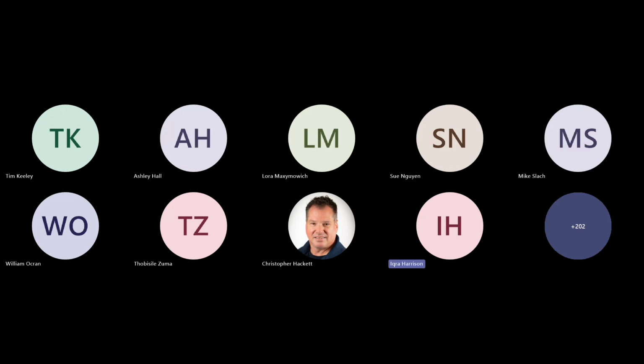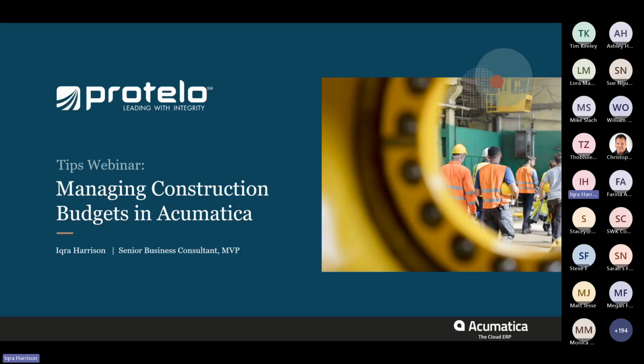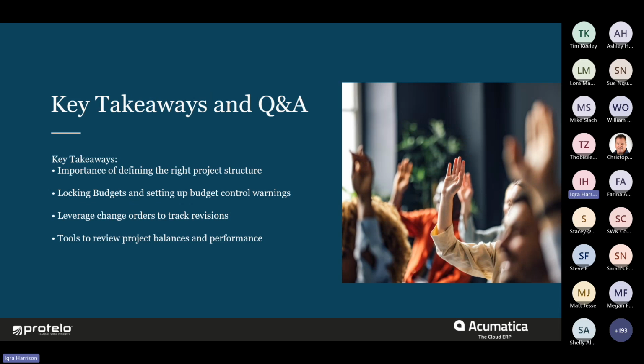Some of the key takeaways that we talked about are the importance of setting up the project budget structure upfront, and taking the time to actually configure it, which will really help you track the project and your costs throughout the life cycle. We also talked about some of the budget control options and how that can help you control your costs and monitor changes.